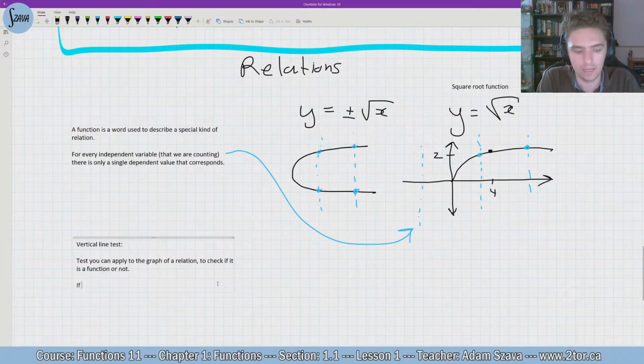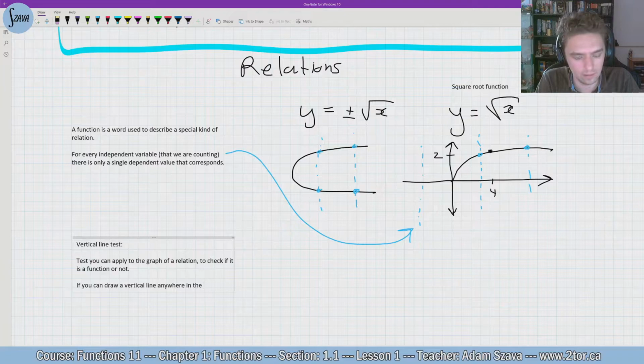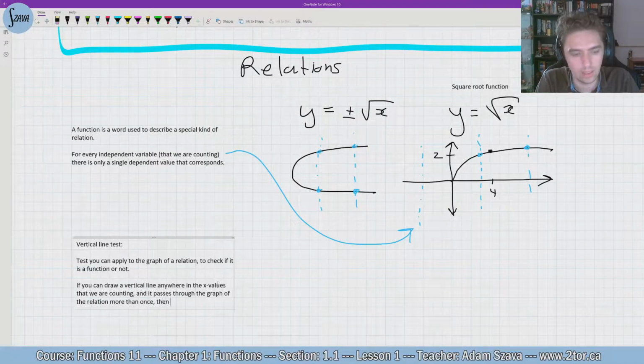If you can draw a vertical line anywhere in the x values that we are counting, and it passes through the graph of the relation more than once, then it is not a function.